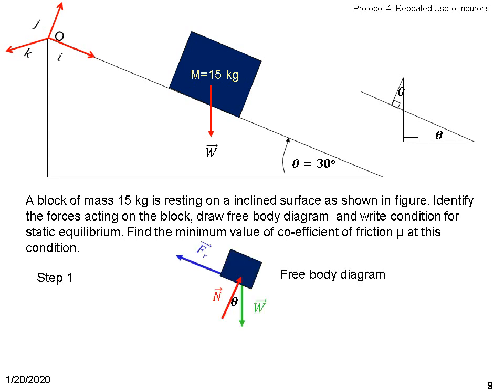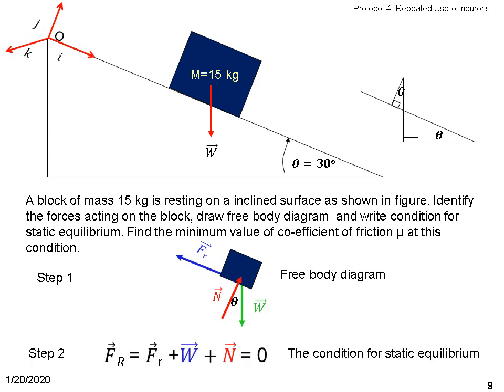Step 1 is to draw the free body diagram of the block. Weight is acting downward, normal reaction acts perpendicular to the plane, and frictional force is acting along the inclined surface opposing the motion. Once you identify the forces, we can write the condition for static equilibrium for the block, which is F resultant equals Fr plus W plus N must be 0.